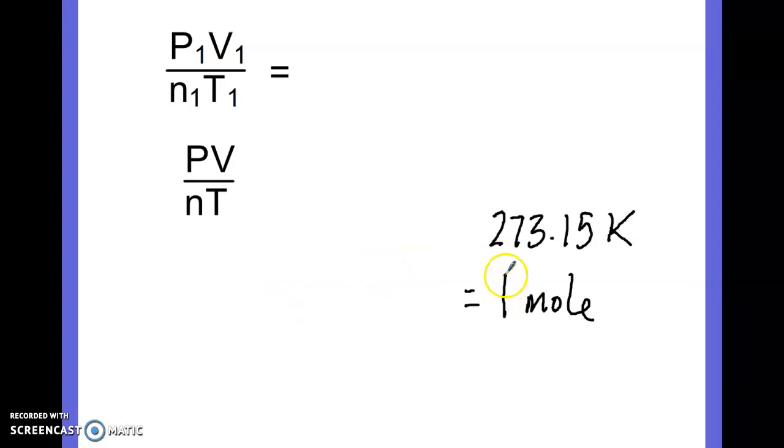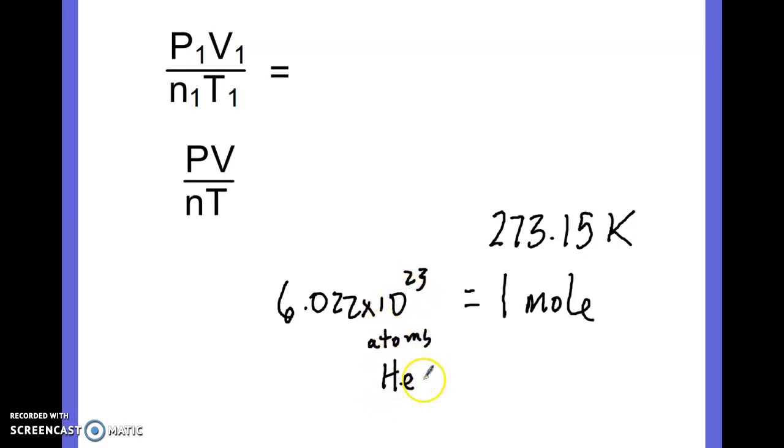If you had a mole of helium atoms, that would be 6.022 times 10 to the 23rd atoms, particles of things, right? That's what 1 mole is equal to. It's a big number, but because atoms are so small, you can fit that in.